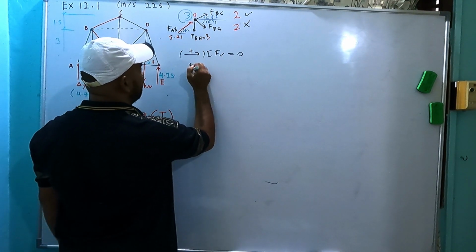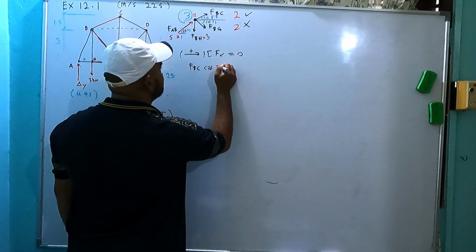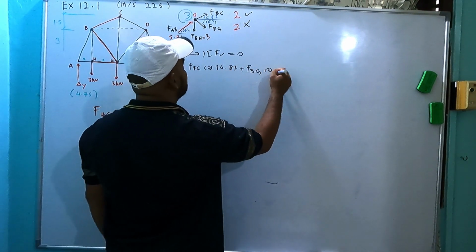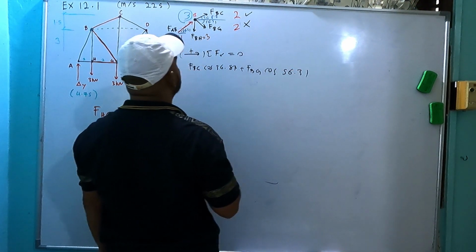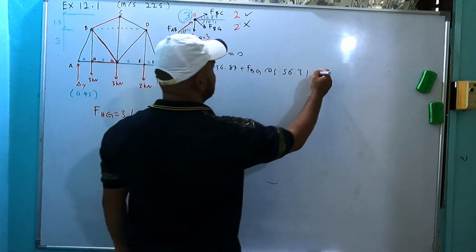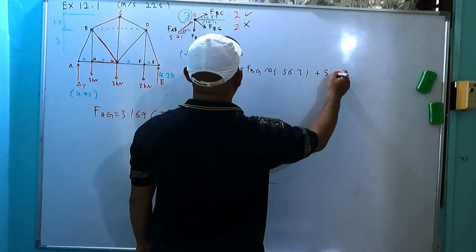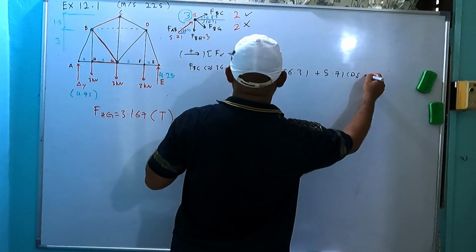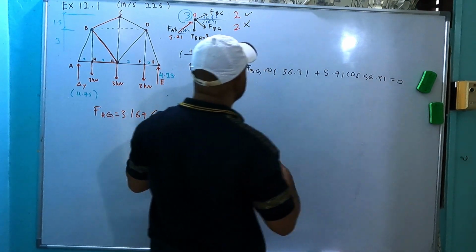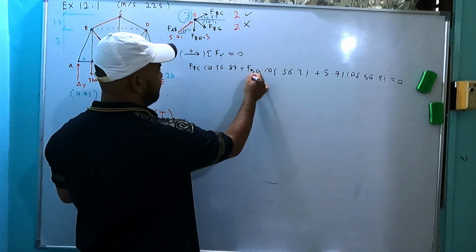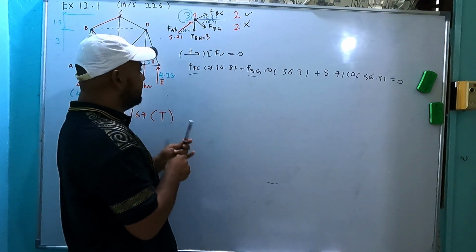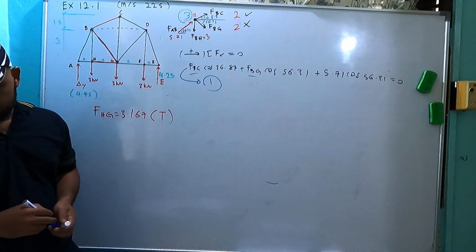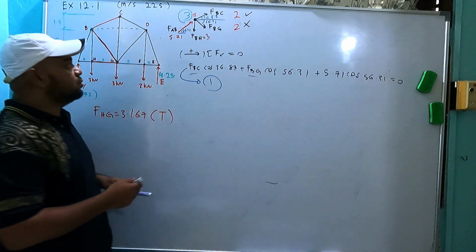So I have FBC cos 36.87 plus FBG cos 56.31, this one is 0, plus 5.71, this is also cos 56.31, equal to 0. Okay, so you have 1 unknown here, 1 unknown here. Good, so let this be equation number 1. Then we go to the y direction.